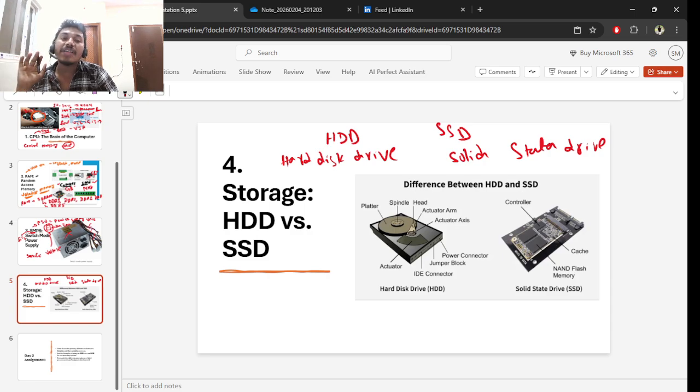That is volatile memory. This storage is non-volatile memory, which means your data remains permanently safe even if you restart or turn off your machine or laptop. That's it. Okay.